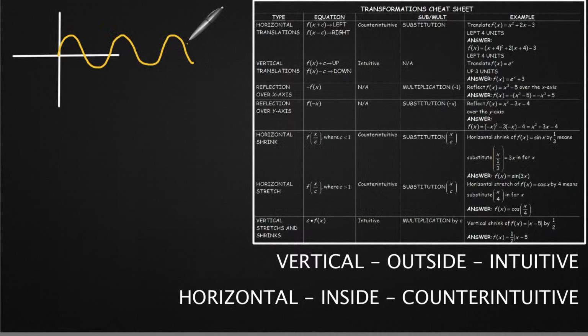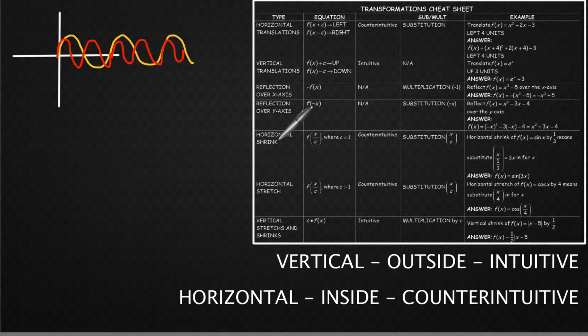And let's say I would like to shrink this horizontally so that it looks more like this red curve. So let's say it does 2 cycles by the time this does 1 cycle. So I want to shrink it. That's probably not the best drawing, but I want to shrink it to half its size.